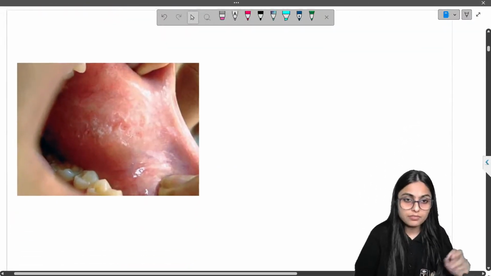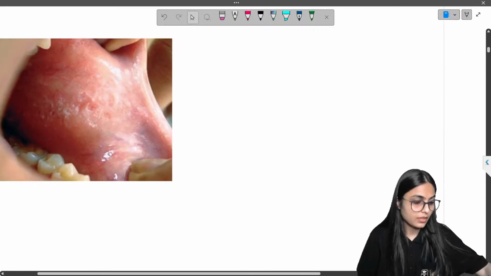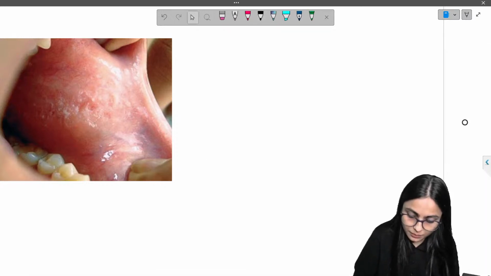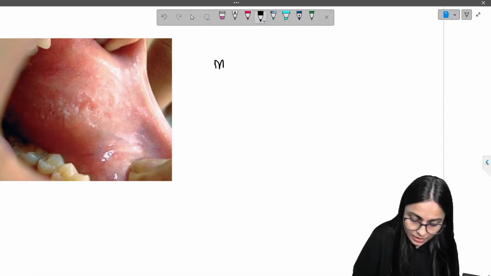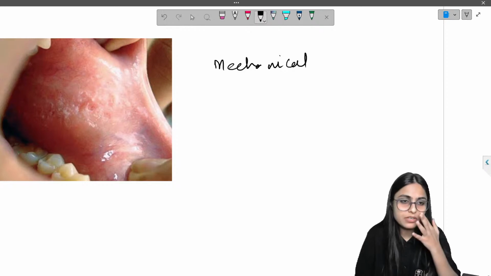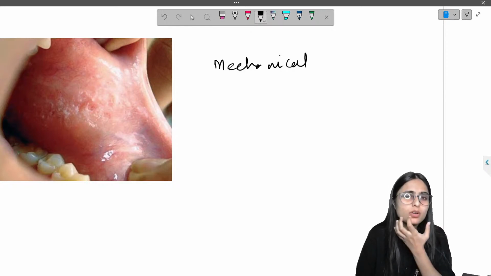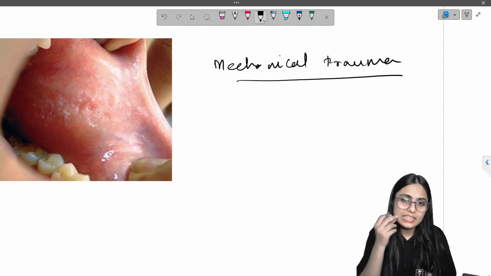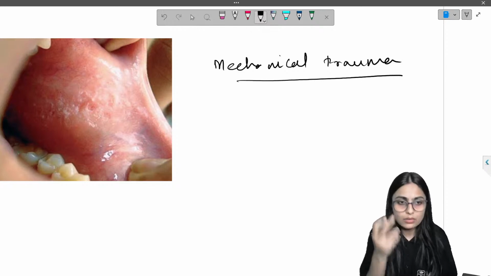Next we have this. This is nothing but cheek biting. Many of us or many patients have this habit of cheek biting or lip biting, right? This is due to mechanical trauma. Continuous trauma to the mucosa can cause this.